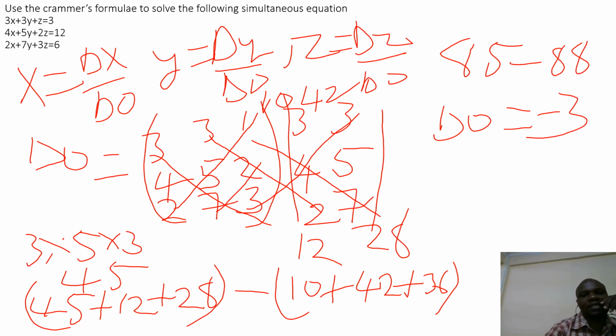So now let us get the dx. In our dx, we know that dx will be arrived at by taking what I have in the x column and changing it with what is on the equal side.